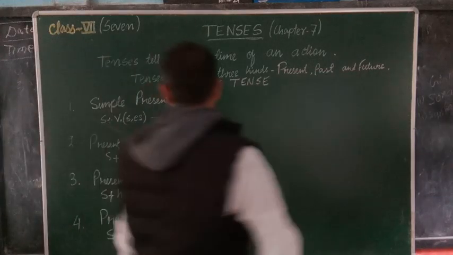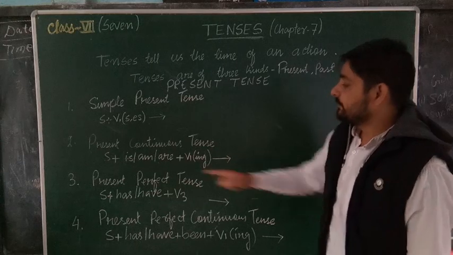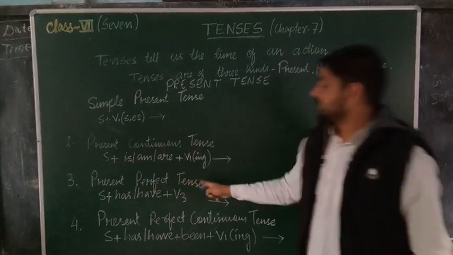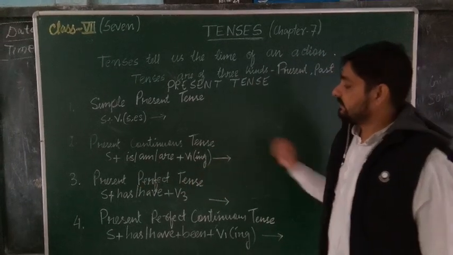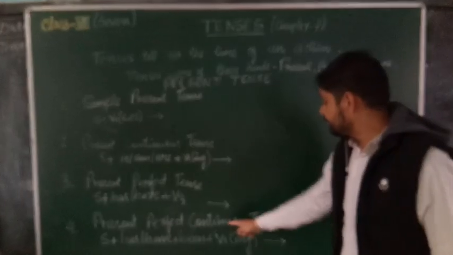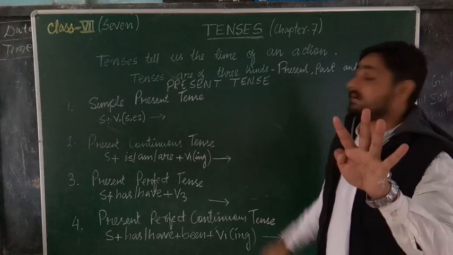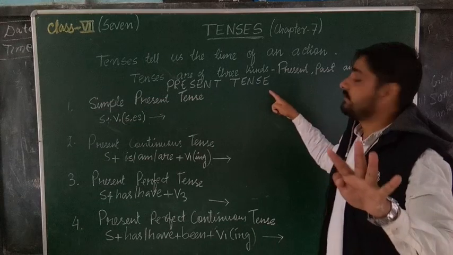The third is present perfect tense. The fourth is present perfect continuous tense. These are the four tenses that come under the present tense.